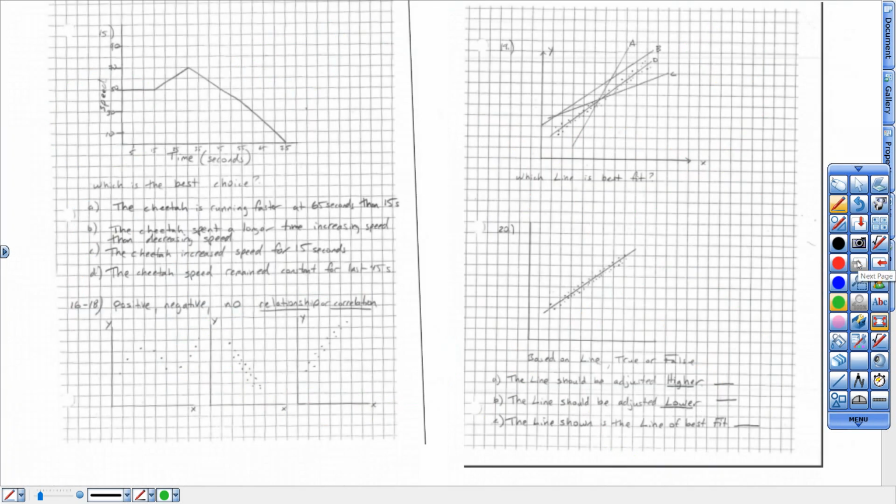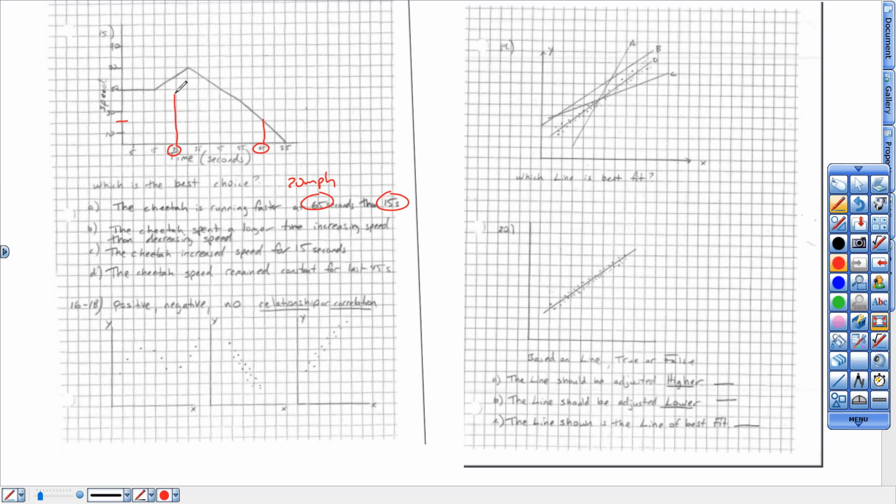Last page. Next word is fast. Fast. All right, for this one, the cheetah. Looking at this. Running faster at 65 seconds. If I go to 65 and look over, that's about 20 miles per hour.